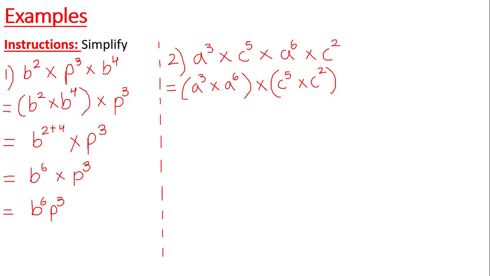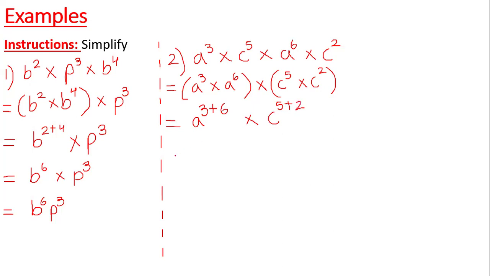So do we leave it just like that, or do we continue? You tell me we're going to have a to the power of 3 plus 6, multiplied by c to the power of 5 plus 2, right?